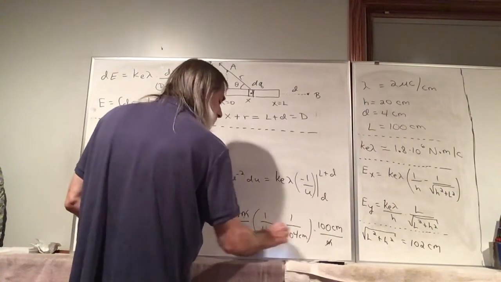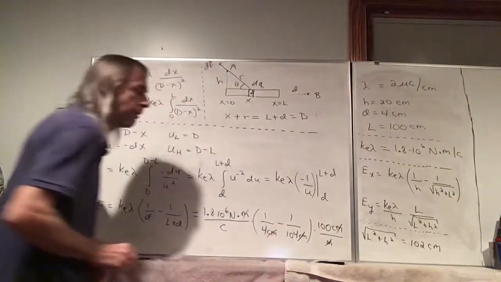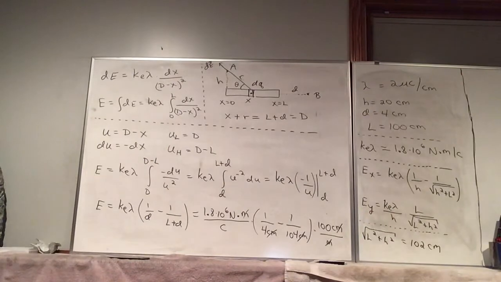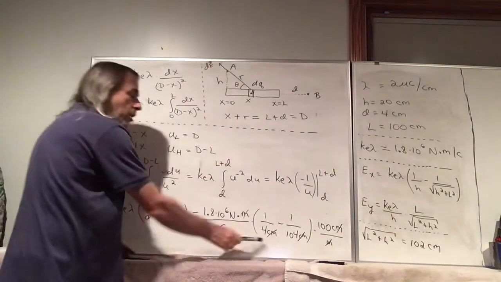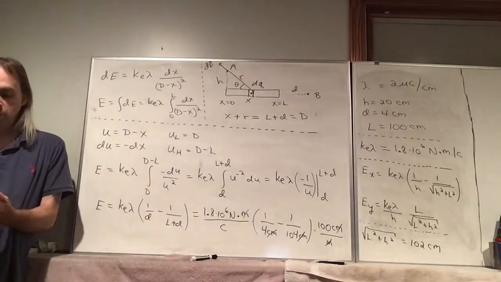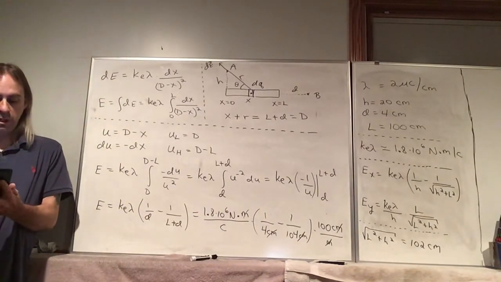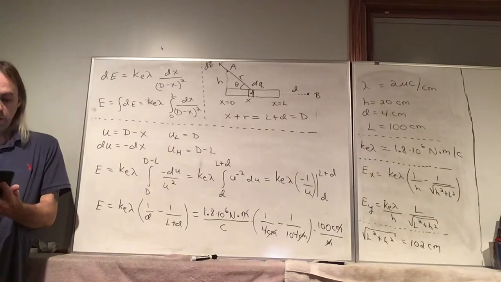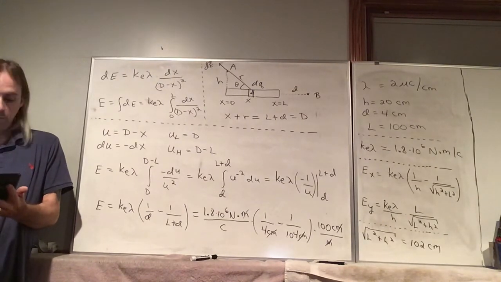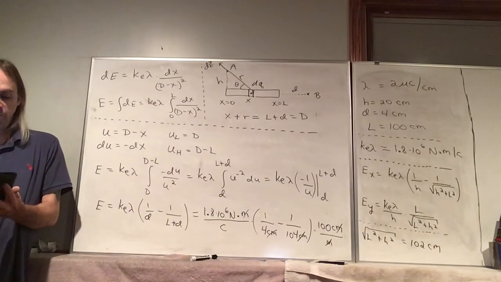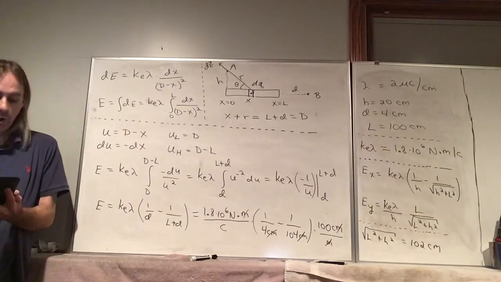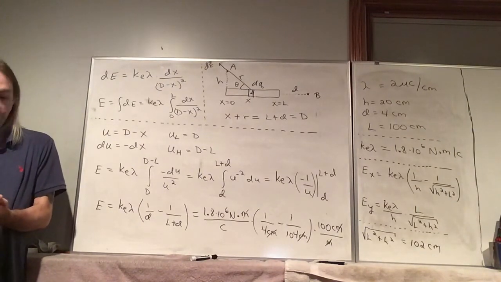And let's throw this conversion factor in here, so we'll get units of newtons per coulomb. I can do this part first. 1 over 4 minus 1 over 104, that's 0.24, and then times 100.